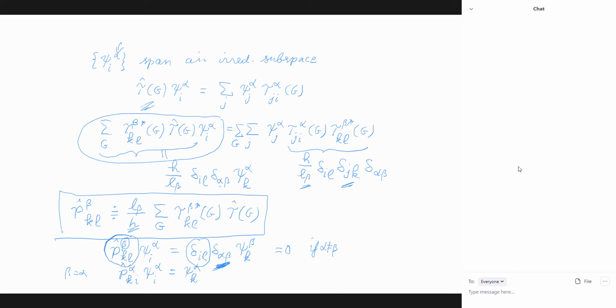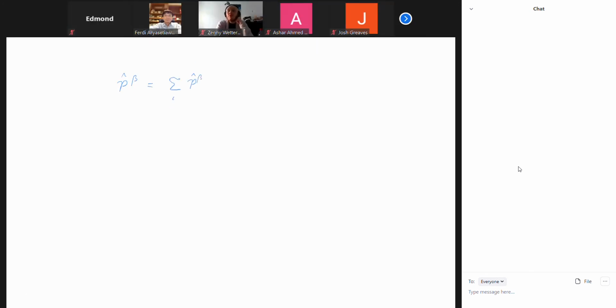So in practice, we actually do not need such a detailed projection operator. We can construct a much simpler projection operator by taking the trace of this. So we take P, we define P beta here, and we take the trace of the projection operator, like that.